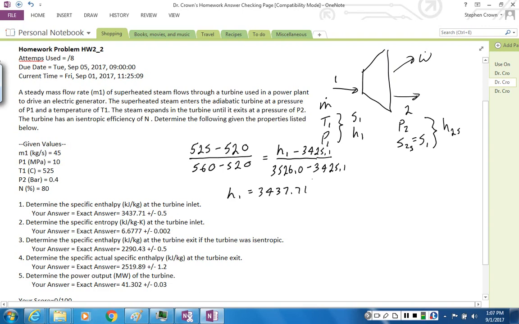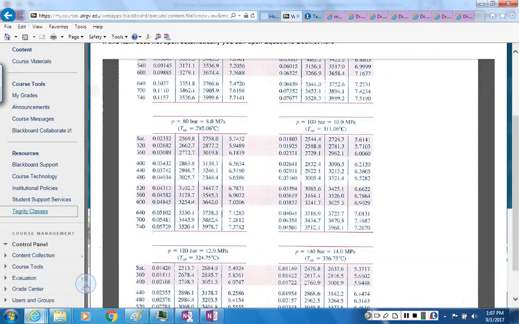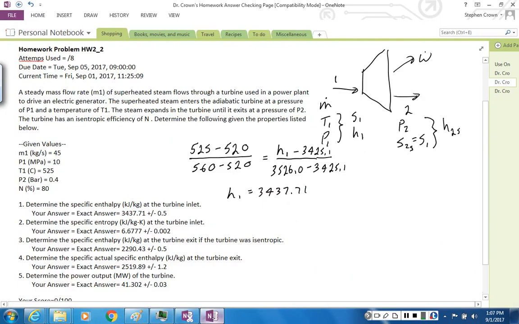So again, the value came from the table at 520 and 10 MPa, 3425.1, and at 560, 3526.0. Right, so now I have H1 in kilojoule per kilogram where I had to interpolate. Now I have to do the same thing for S1.